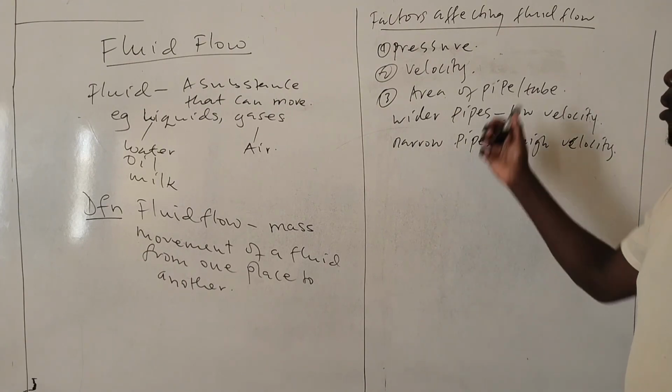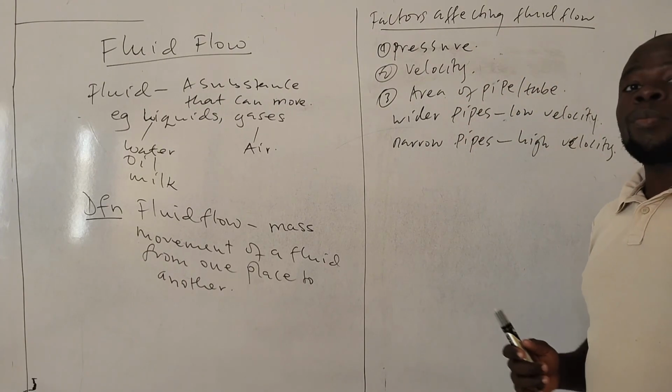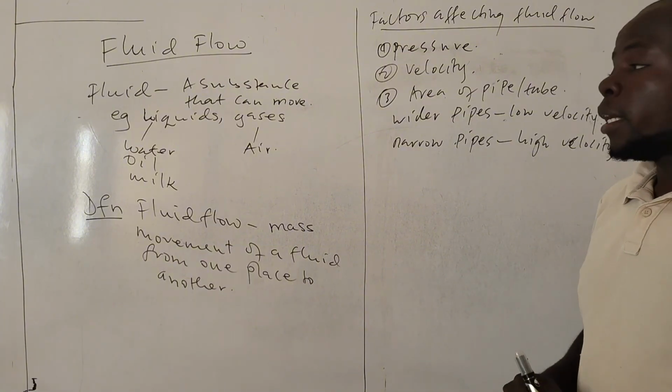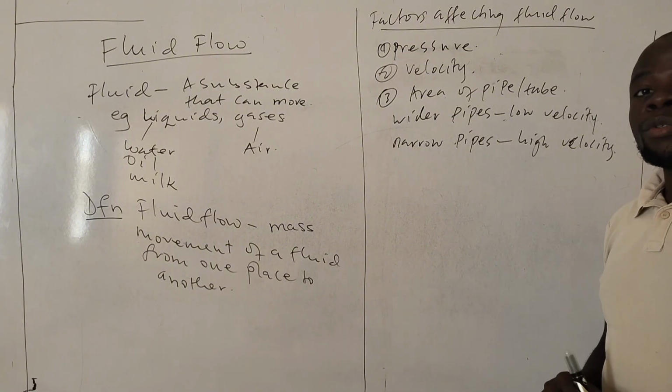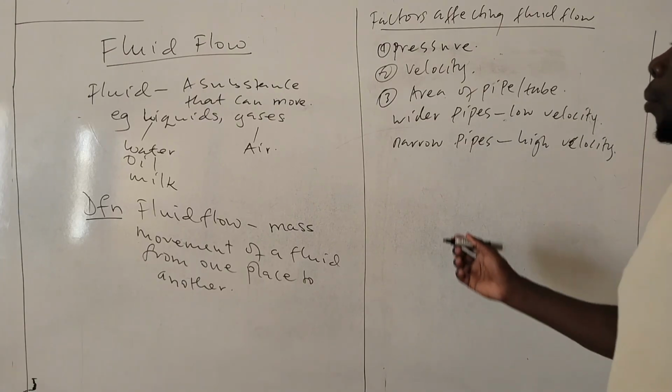So these are the three factors that affect a fluid flow. We have pressure, velocity of the fluid, and also the area of the pipe being used to transfer that liquid from one place to another.